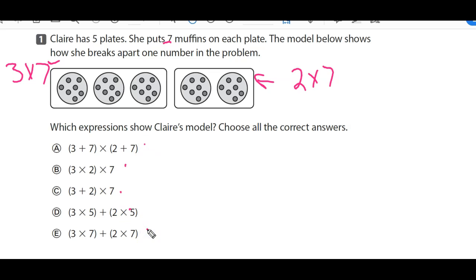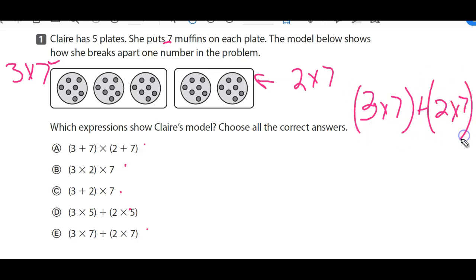So which expression fits this? 3 times 7 plus 2 times 7. Which one would that be? Okay, hold on. It has to have multiplication, right? Is this multiplication? No. No. Okay. Is it B?